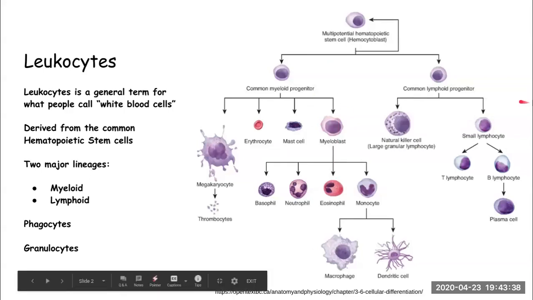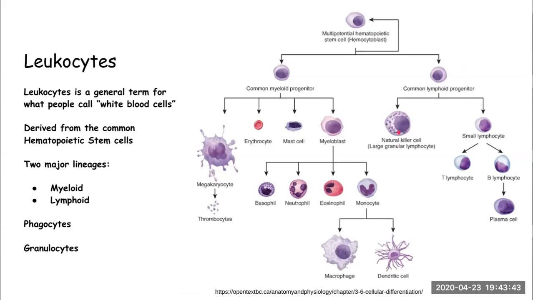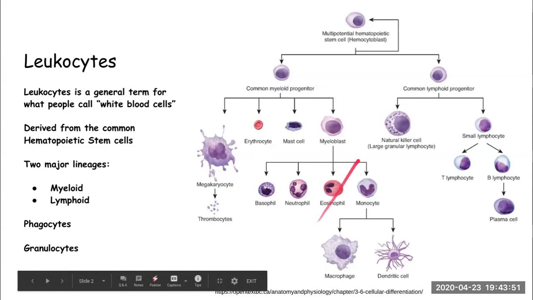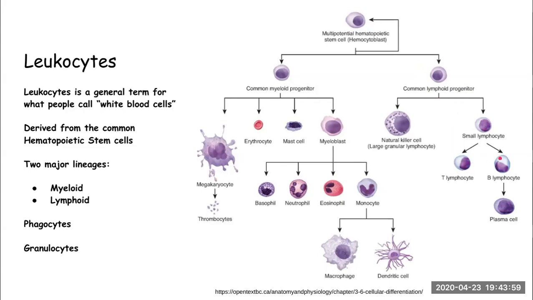Over here, we have the lymphoid cells, with one interesting exception. This natural killer cell, it is an innate cell, and it winds up present with many of these cells before an adaptive immune response. However, it is lymphoid derived. And so over here, we have the T cells and the B cells.